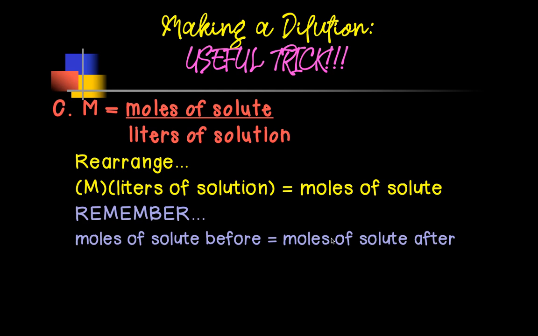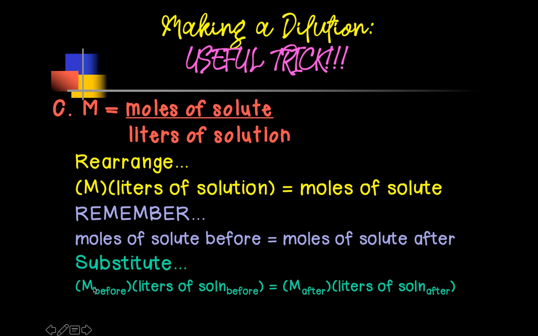All right, let's do some substitutions. So the molarity and the liters before would equal the molarity and the liters after, because the moles of solute before is equal to the moles of solute after. So the molarity before times the liters before equals the molarity after times the liters after.